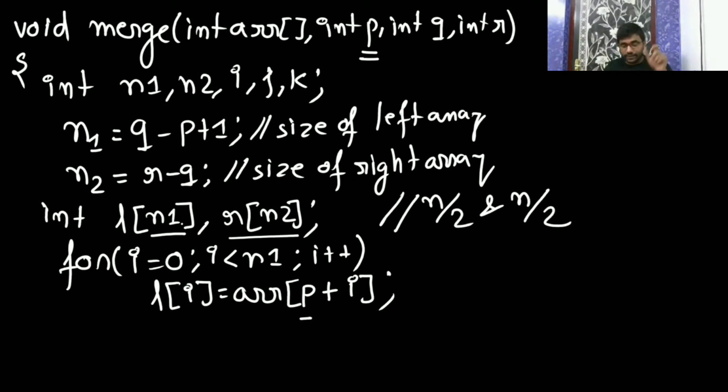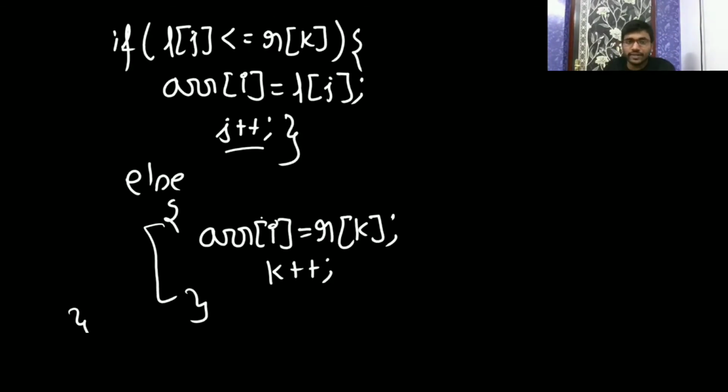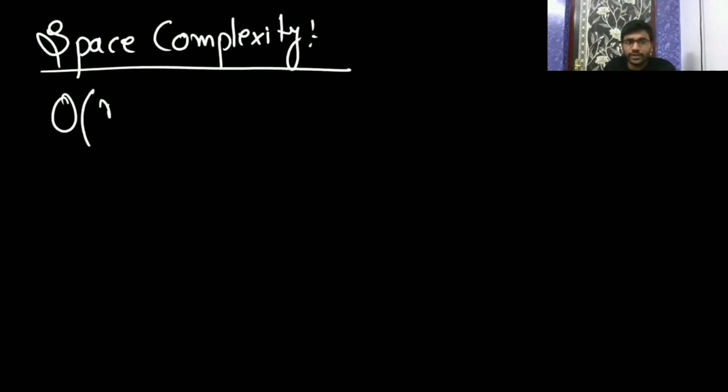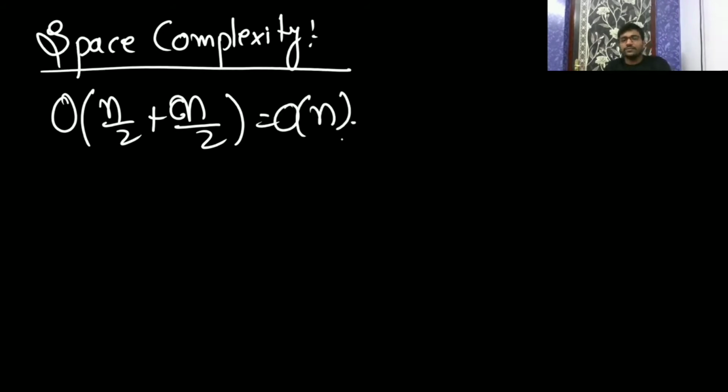The left array has the first half, the right array has the right half. So space complexity is going to be big O of n by 2 plus n by 2, which is big O of n. Since in the merge function we require a space of big O of n, and the time complexity we have also seen is big O of n, space and time complexity for the merge function are both big O of n.